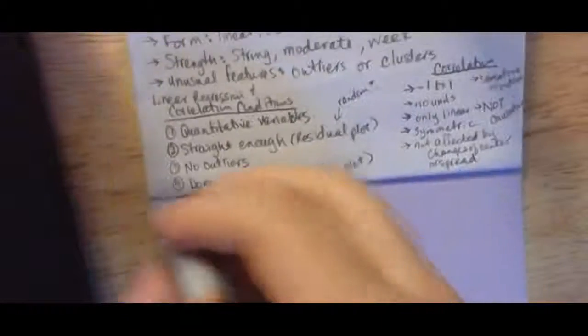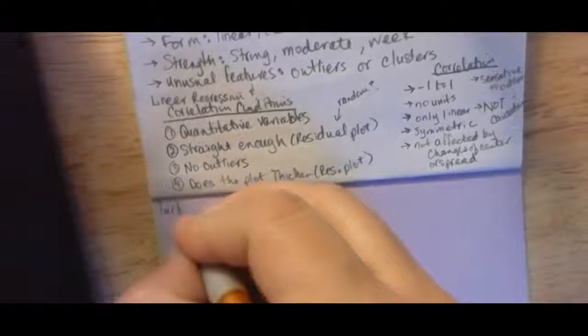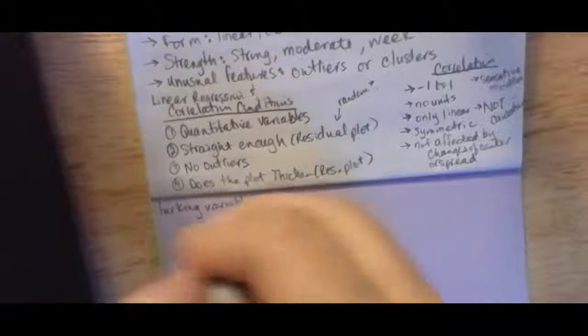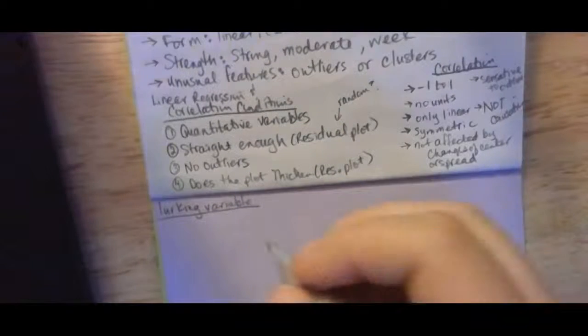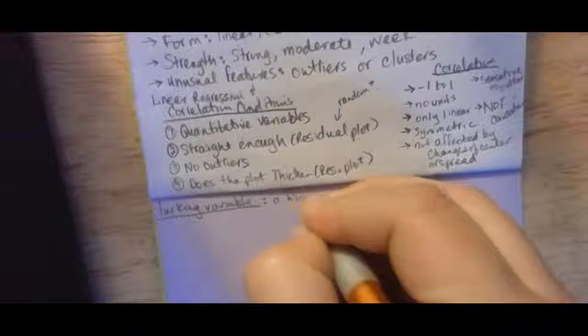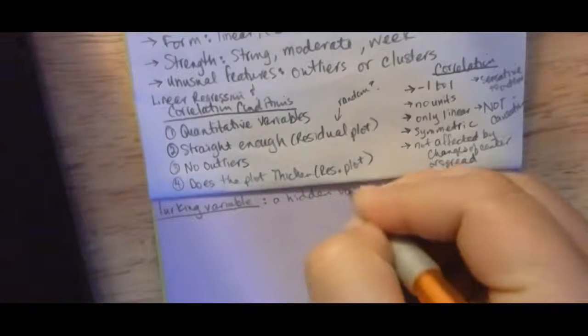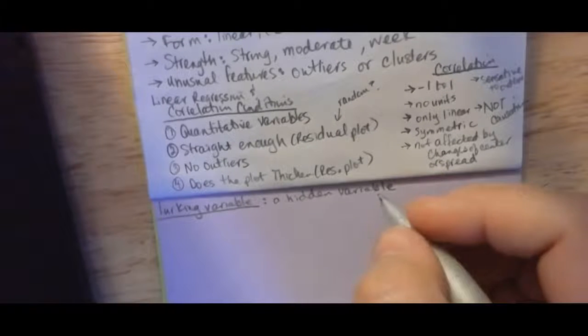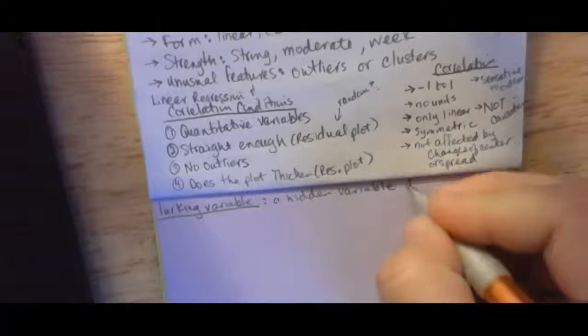Let's keep going. Remember what a lurking variable is? A lurking variable is a hidden variable that could be affecting the two variables.